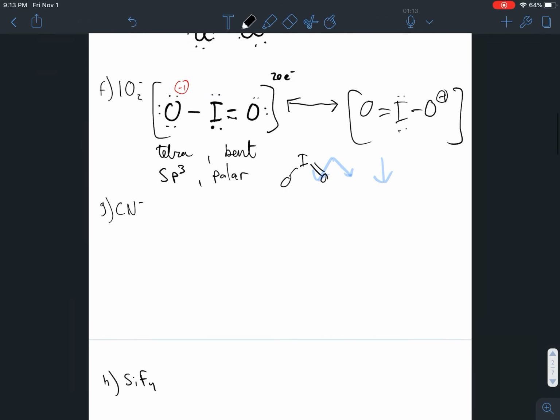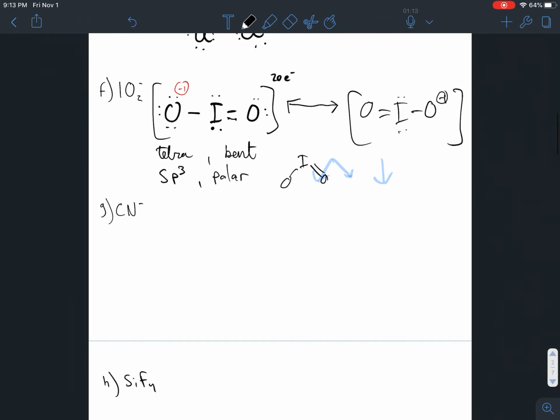Okay, that's cool. Okay, CN minus, you should look at this and know that it is cyanide. If you don't, that's tricky. So CN, let's just draw them having all their electrons. Wow, it's almost like I know what's going to happen.